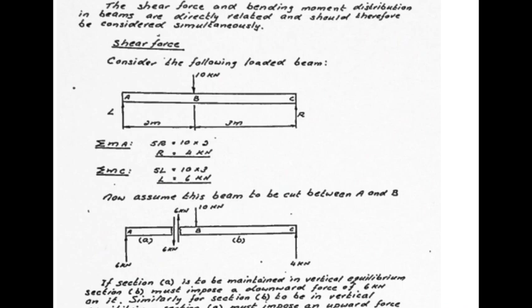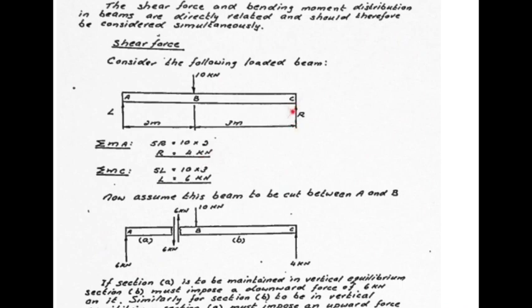So to find the values of L and R, in other words the magnitude of the two support reactions, we take moments about appropriate points. Now let's start by taking moments about A, sum of moments about A, and we find that R times 5 meters is an anti-clockwise moment, and it must be equal to the only clockwise moment, which is 10 times 2 meters, and that would allow you to solve for R at 4 kilonewtons.